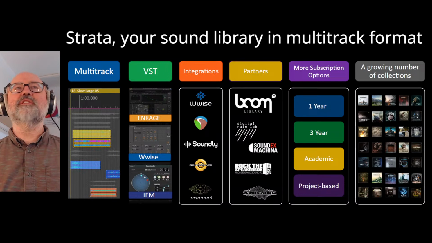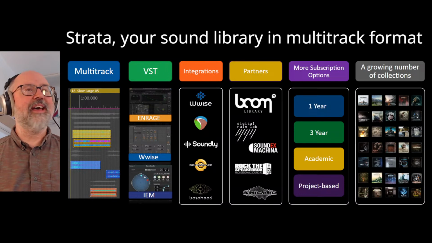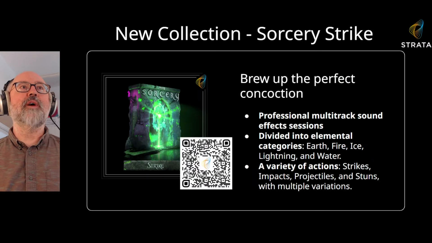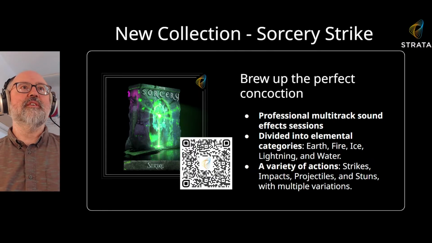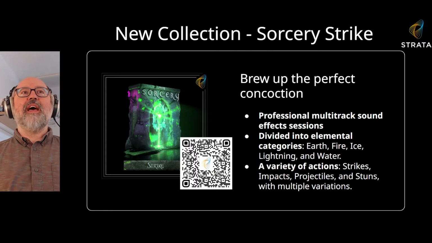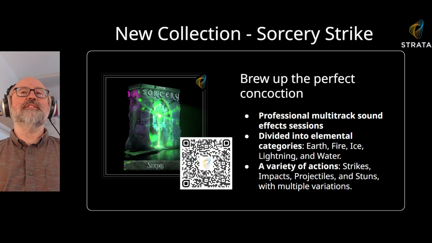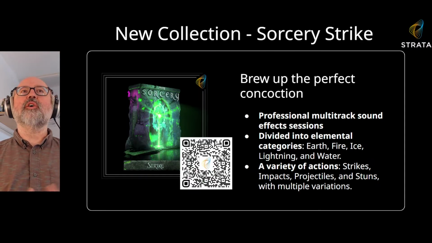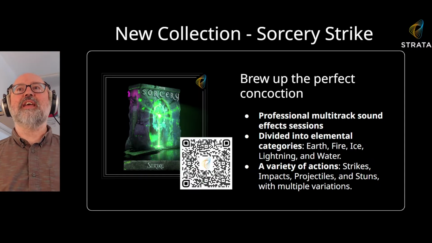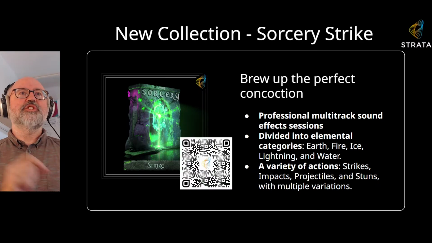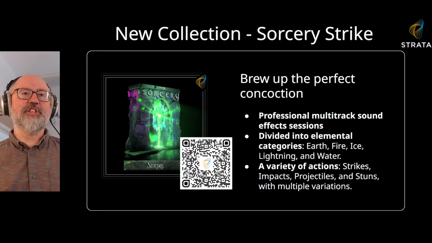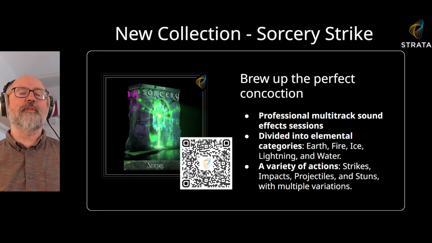We've got partners, subscription options, and our collections just keep growing, including the new collection, Sorcery Strike, that just dropped. So we've got different elemental categories for these magic sounds like earth, fire, ice, lightning, and water. A ton of different gestures of those sounds. Jump over to our YouTube channel to check out Chase Steele's overview of that collection.